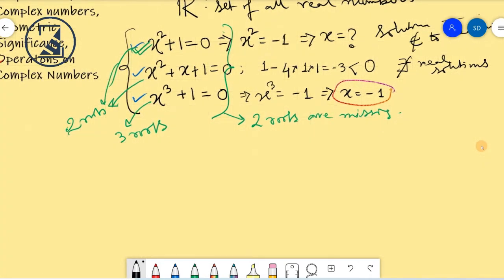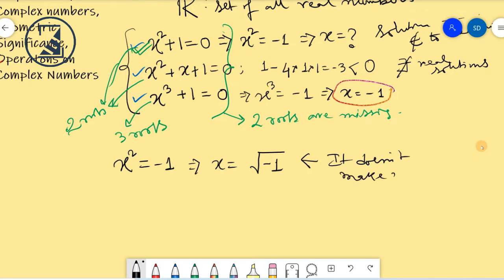So let's again come back to this equation. See, if we write x equal to square root of -1, then what? Well, it does not make any sense. Now the question is why?